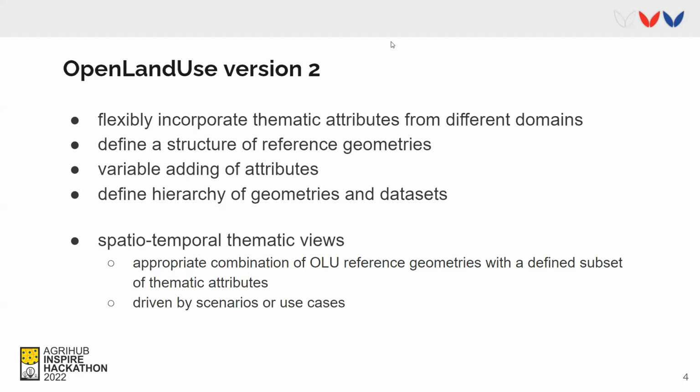So briefly, what about this Open Land Use version 2? At this moment, we were thinking how to improve the original database because it was really focused on basic themes, and we found out that most of the projects and use cases using Open Land Use version 1 would like to extend the thematic content and the variety of attributes that can be integrated. So the main advantage of Open Land Use version 2 was flexible integration of thematic attributes.